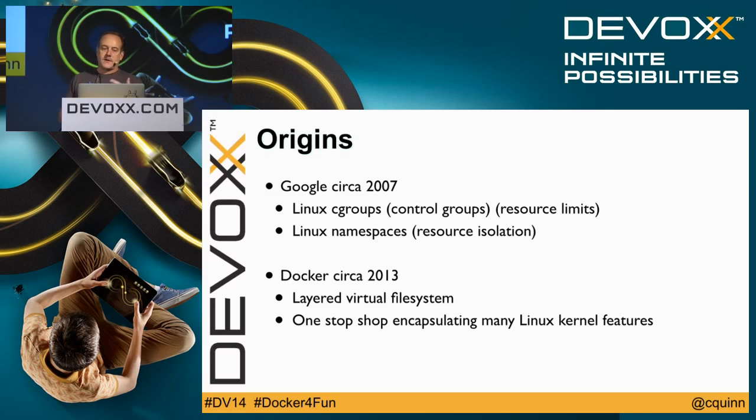But it wasn't until Docker came around early last year and put together a complete tool. So in addition to the cgroups and namespaces features that are available in the Linux kernel, they added a virtual file system, for which they just use AUFS, which is available as well. I mean, they didn't invent that either.